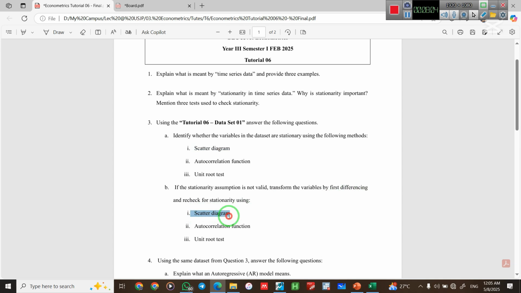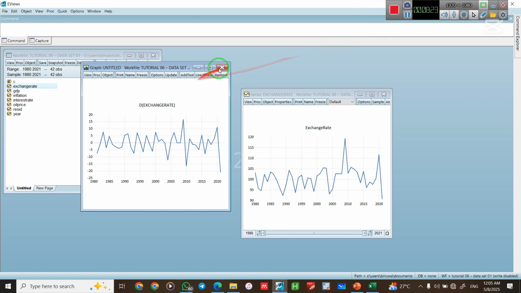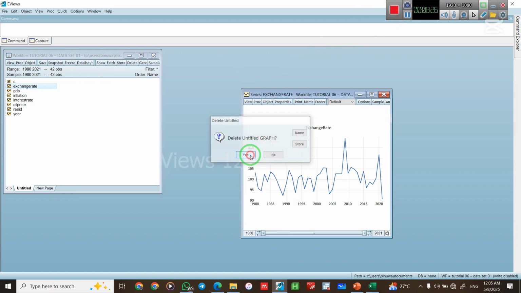And we said that it becomes stationary. Now we are going to do the same for the exchange rate, checking whether it is stationary at level data using the autocorrelation function. So I will go to EViews and remove these two graphs.